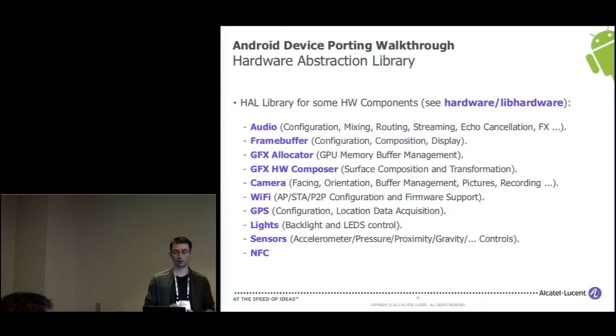The audio HAL is actually responsible for binding the different audio sources and the different audio outputs that you may have, and make the bridge between this and the Android framework. So that, for example, it allows you to configure the different devices and tells you how to mix the different audio streams or to route the audio streams.